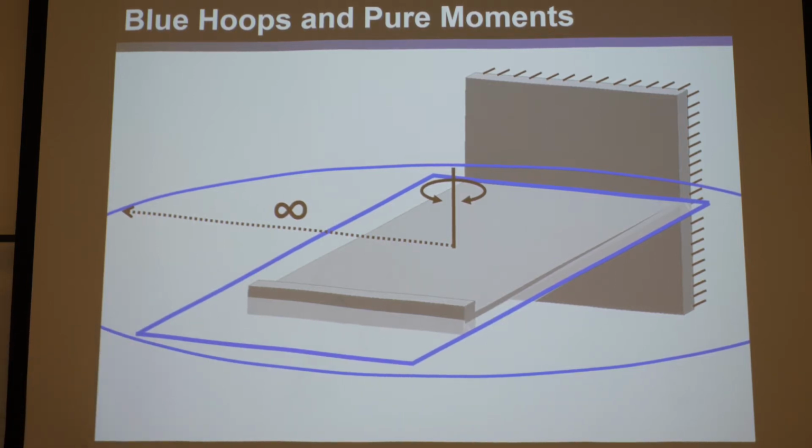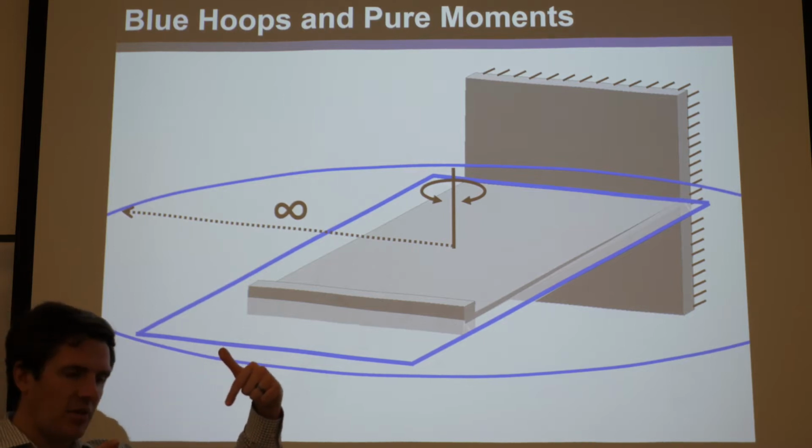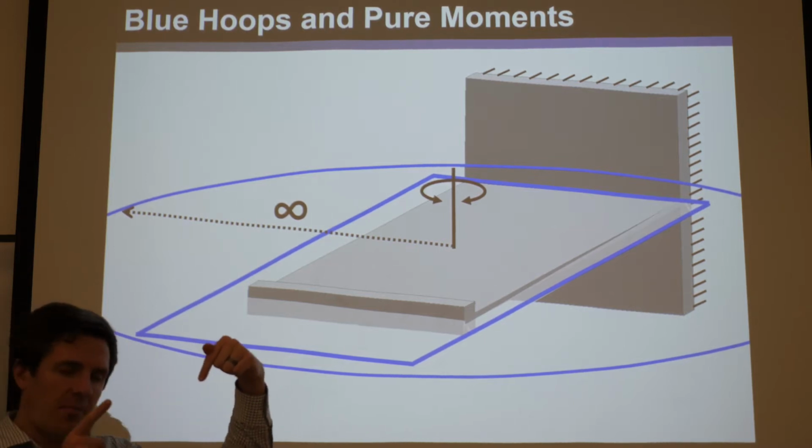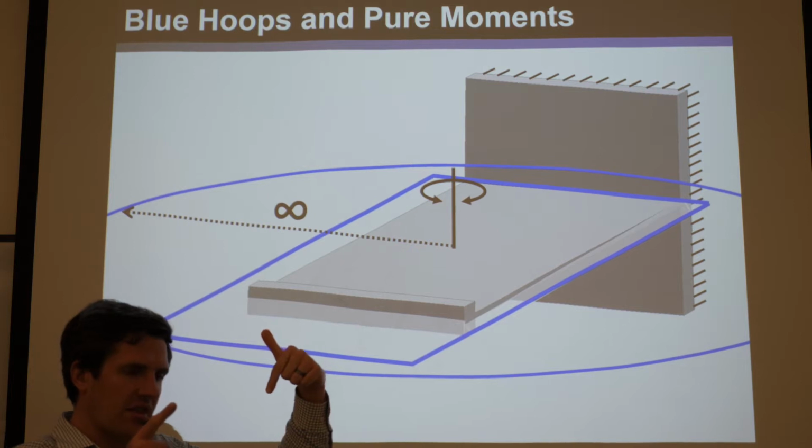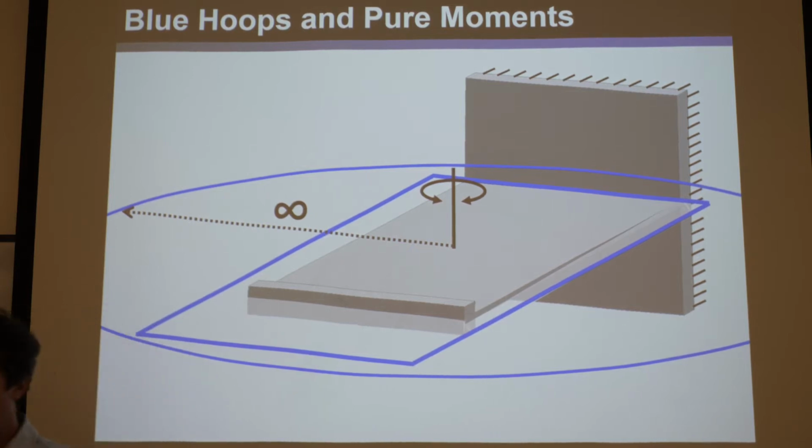Usually you think you can only make a pure moment from 2 point forces that are equal and opposite, right? You have 2 coupled forces equal and opposite, offset by some distance d, right? You get the moment, d times f is what the moment is. Well, you can get a pure moment with just a single force, as long as that force is infinitely far away.